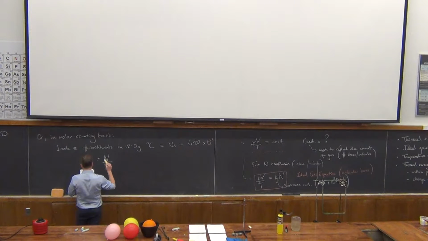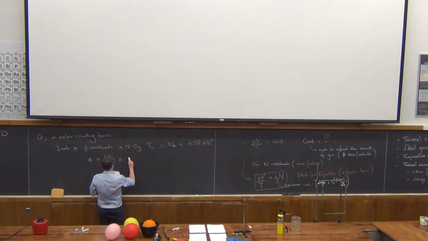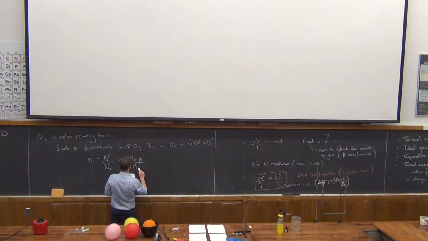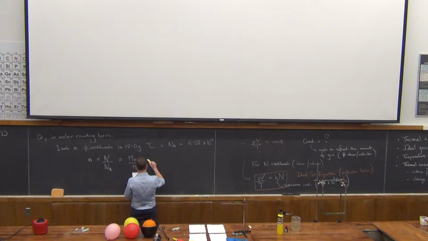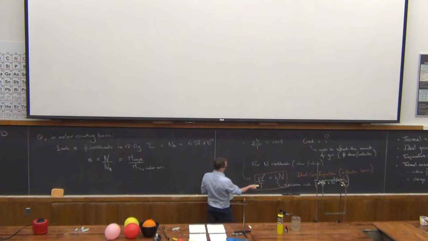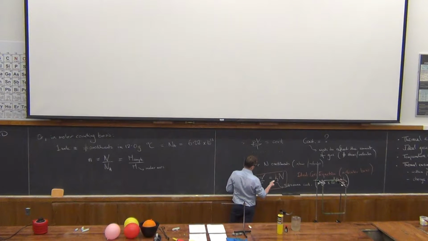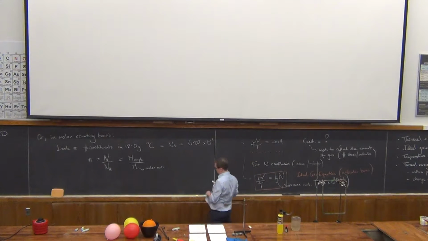So here's a molar mass of carbon-12. We can also write that this is the mass of the sample we're interested in divided by the molar mass. Okay? So all right. So now what I'm going to do is take this and recast it not in molecular counting basis, but put it over in molar counting basis.